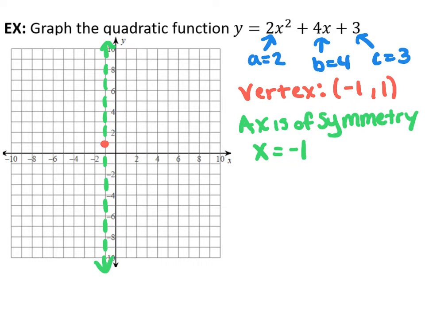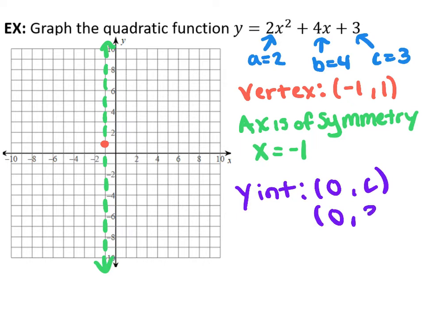Now, the y-intercept is going to be 0, comma c. So since we know it's 0, comma c, in this case, our y-intercept is going to be 0, comma 3. So I plot that point.